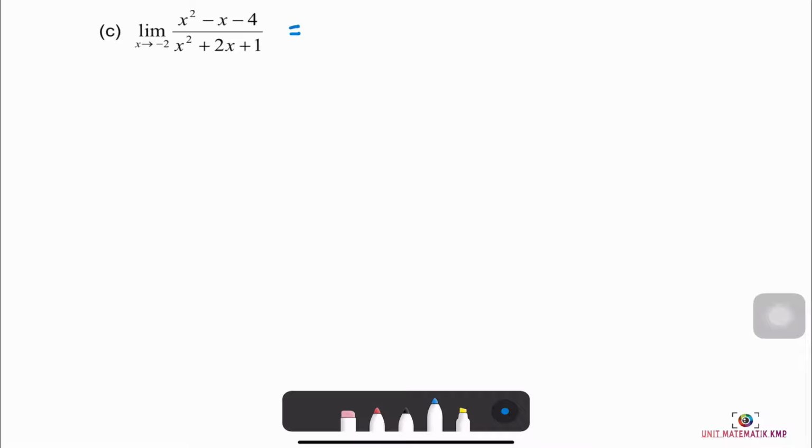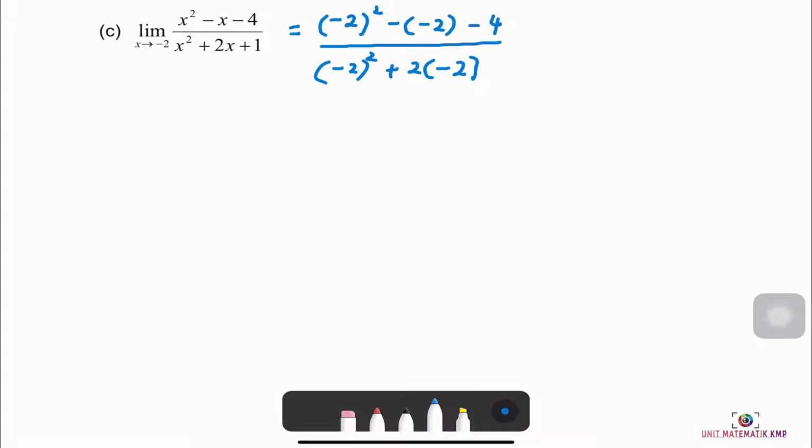So we have minus 2 squared minus minus 2 minus 4, over minus 2 squared plus 2 times minus 2 plus 1. And the final answer should be 2. Done, lecture 1.